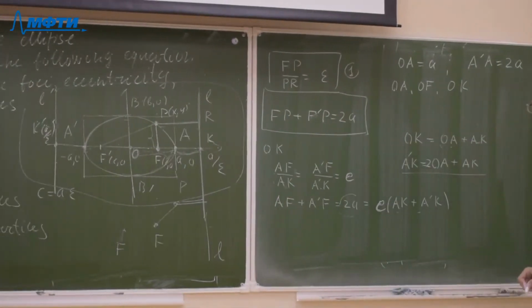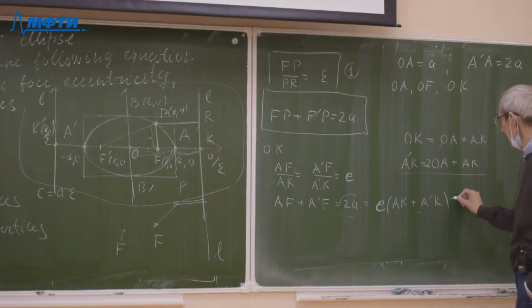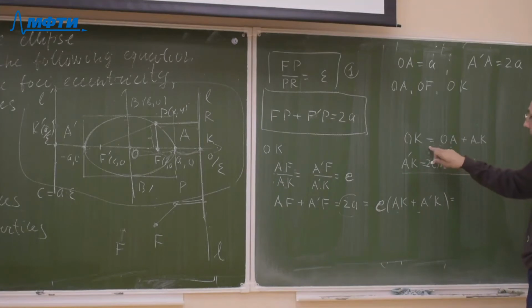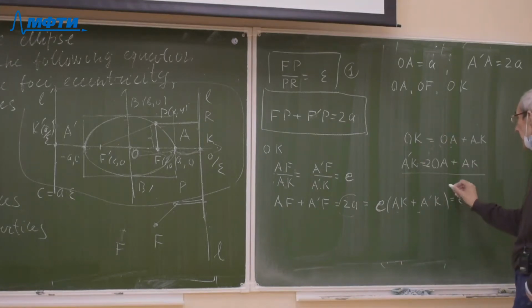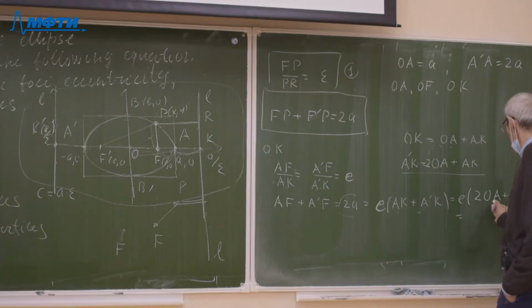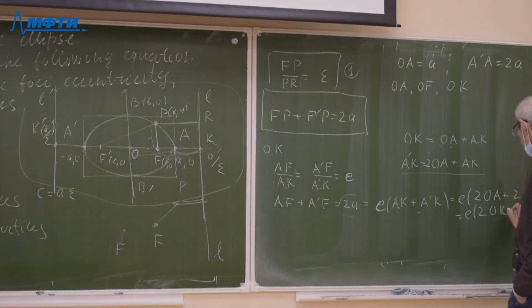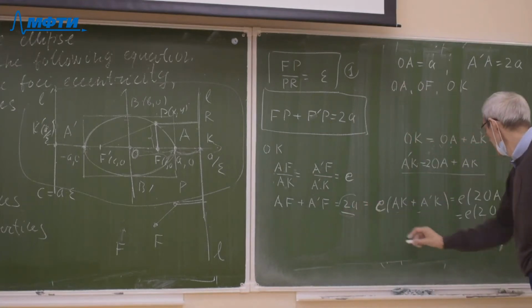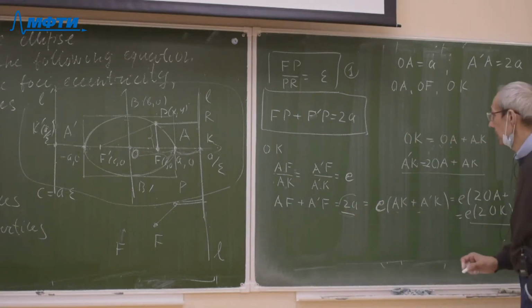And after adding the two values, we obtain the sum 2OA plus 2AK, and it is equal to 2OK. And the first relation: 2a is equal to E times 2OK.